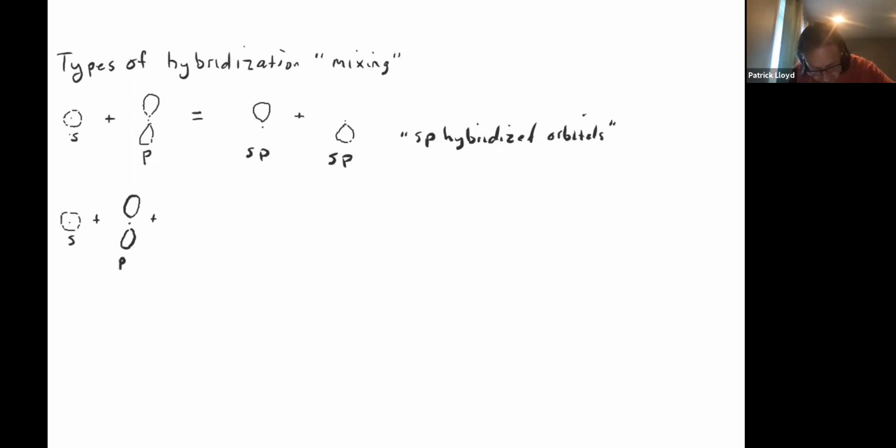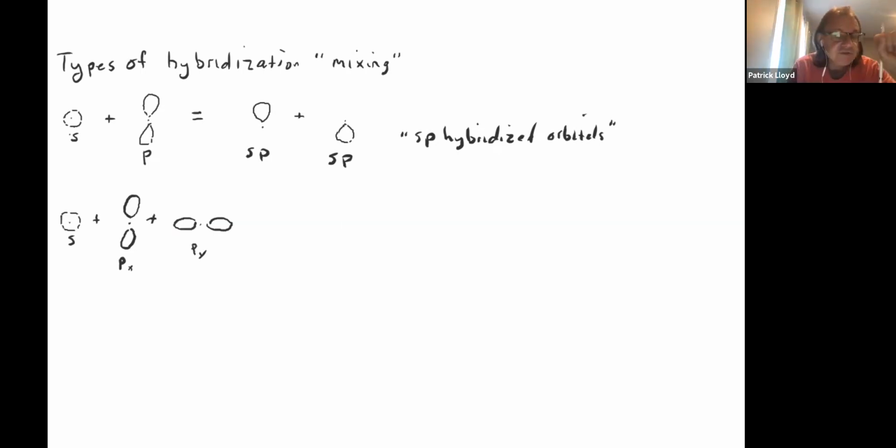So plus. Ooh, I didn't draw that very well. I just need to make a little more room here. Okay, remember we had px, py, and pz. So let's say this is x and y, just arbitrary.